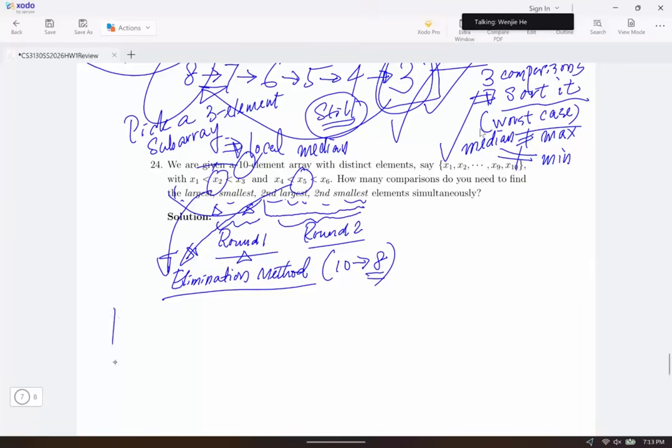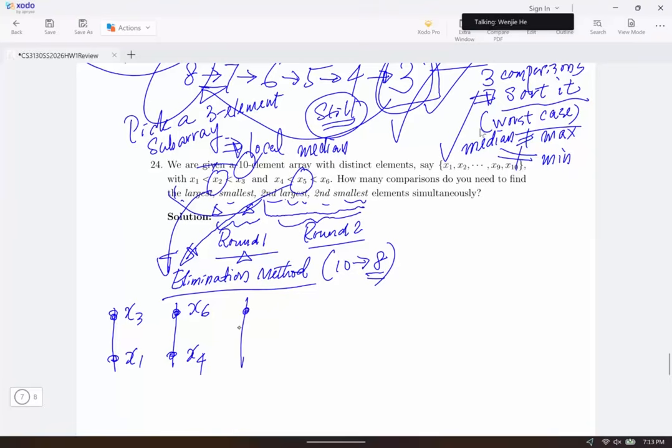The first pair, X3, X1, we already know the order. The second pair, X6, X4, we already know their order. Then the remaining 2 more pairs, we do not know the order, right?